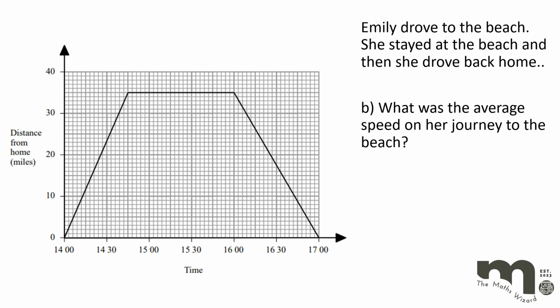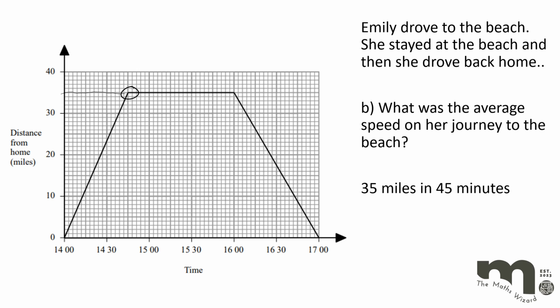Okay, so for this final question then, slightly trickier this one. I asked you to do the average speed on her journey to the beach. Well, she's going 35 miles in 45 minutes here. You can see that because we're going from 2 o'clock to 2:45. So that's your 45 minutes, and then that meets the distance at 35 miles.